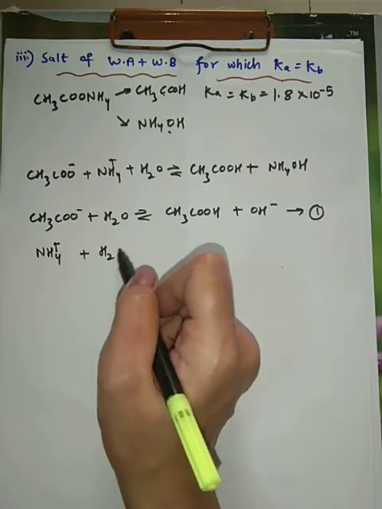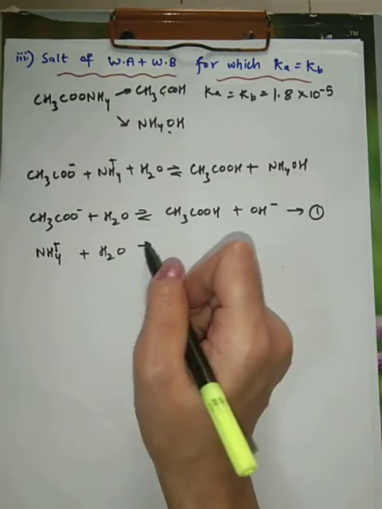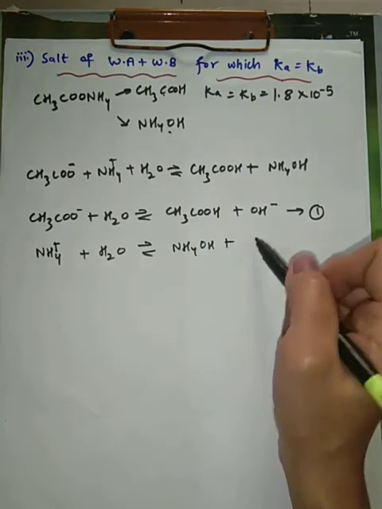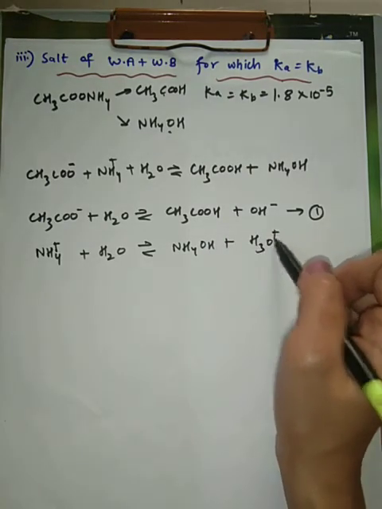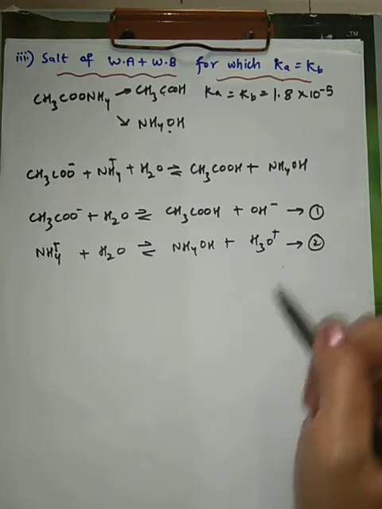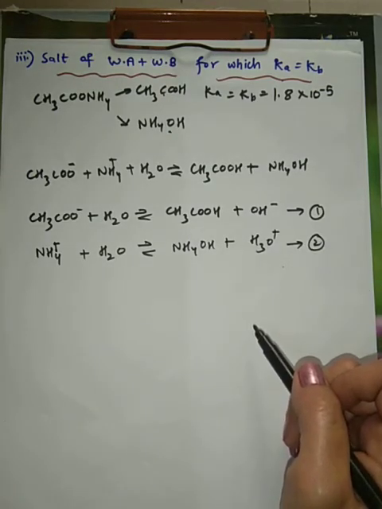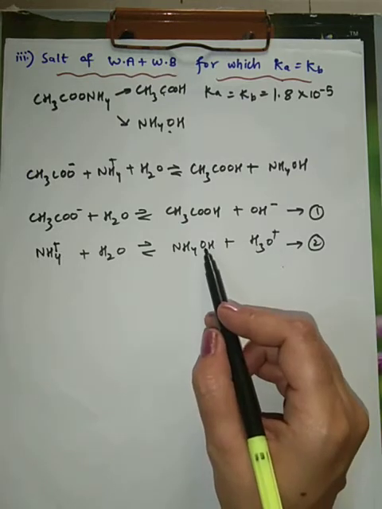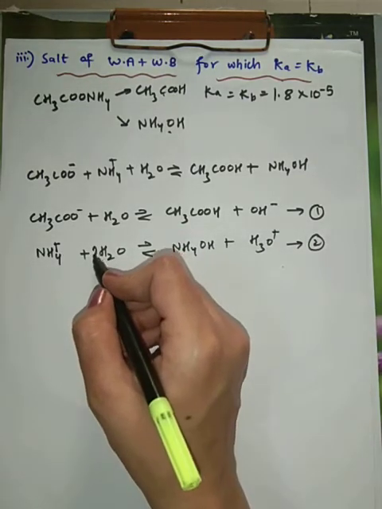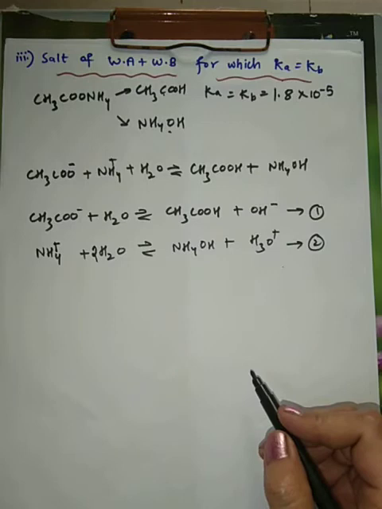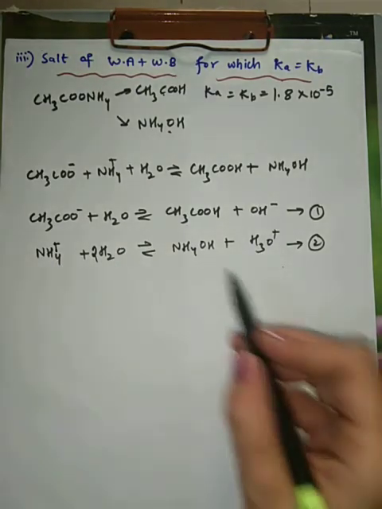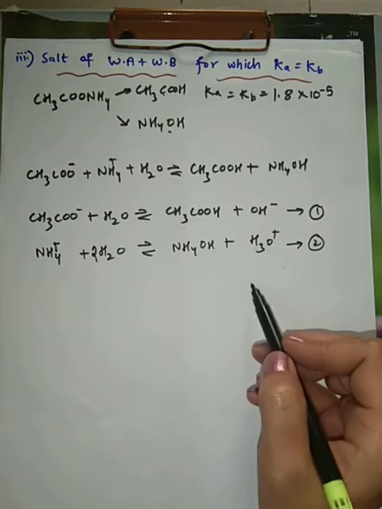It will react with water to produce NH4OH, the weak base, and hydronium ion. Let's say this is equation 2. The reaction is not balanced. We have 2 oxygen on RHS, so we will simply write 2 here. Now the reaction is balanced. Hydrogen: 4 plus 4 is 8, and here 5 plus 3 is 8.